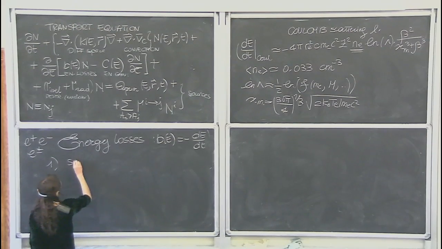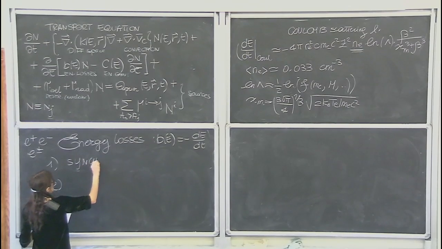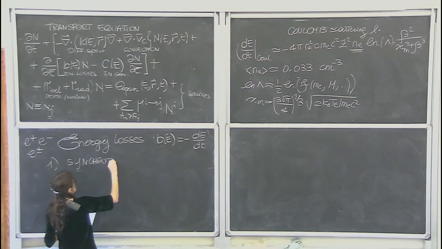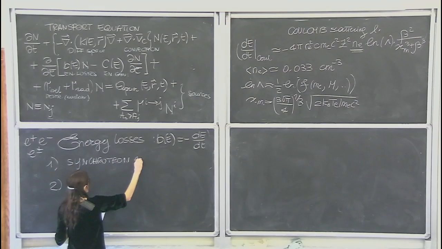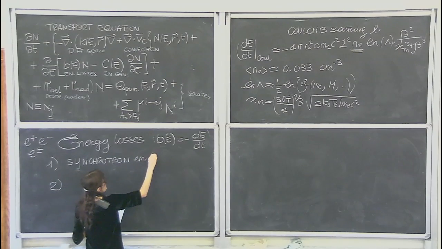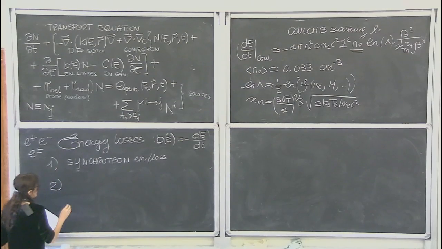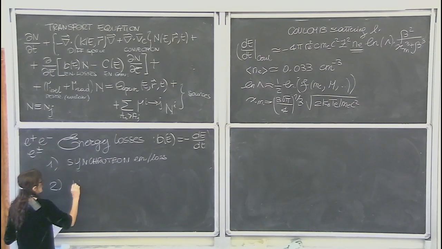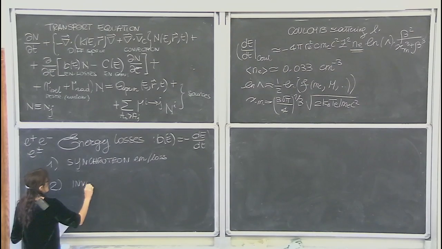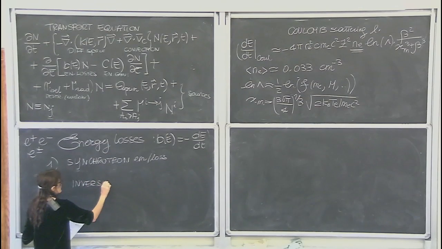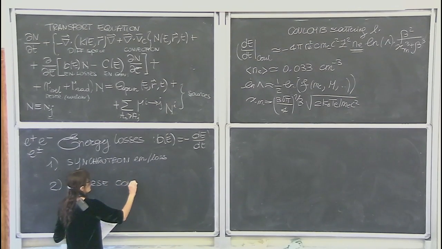So we have synchrotron emission or loss, and the other one is inverse Compton.